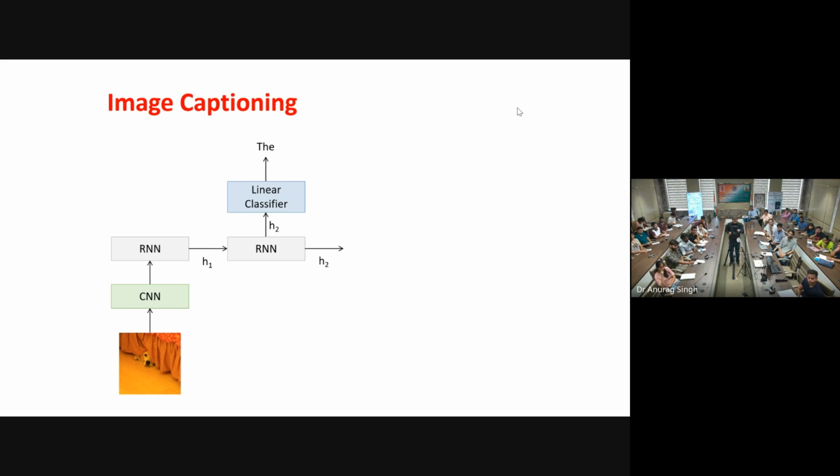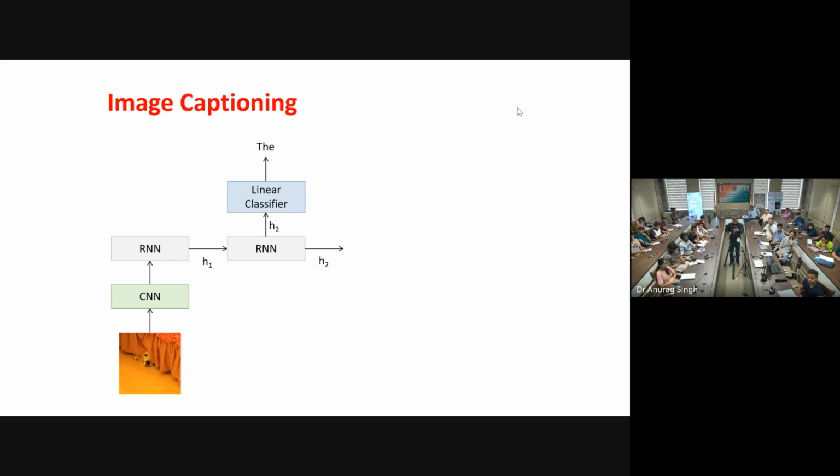So for image captioning, what is the first part you are going to do? Given the image, I will do segmentation. Using segmentation, I can find out various objects present in the image, and then I will find out their neighborhood, and using that context, I will be able to describe what is happening in the image. So let's say I was able to find out 5 such objects.